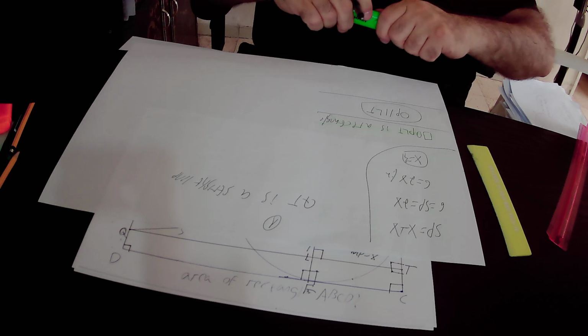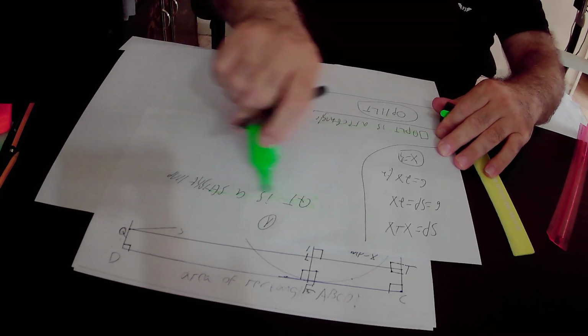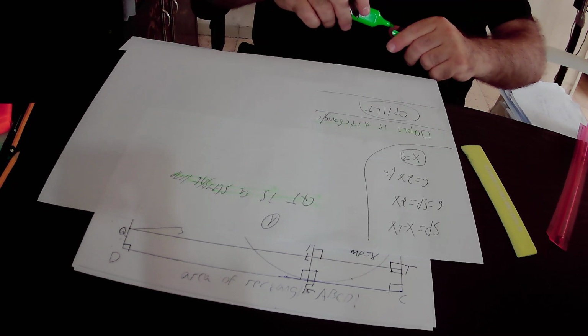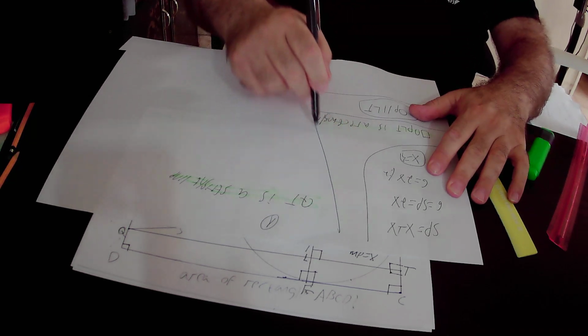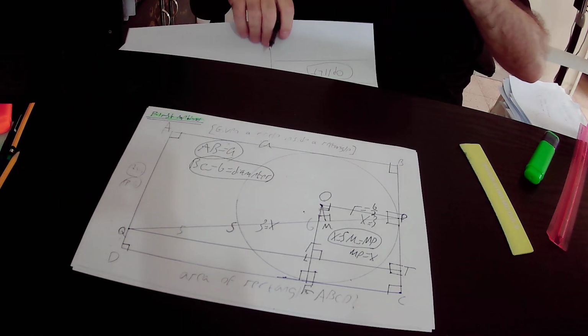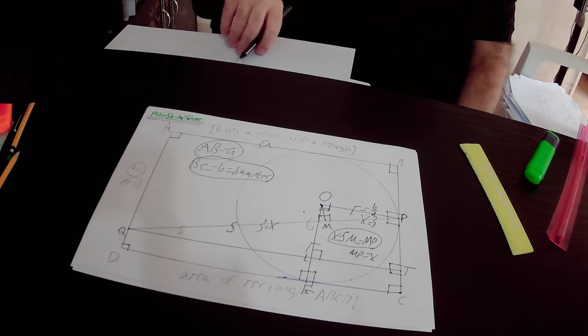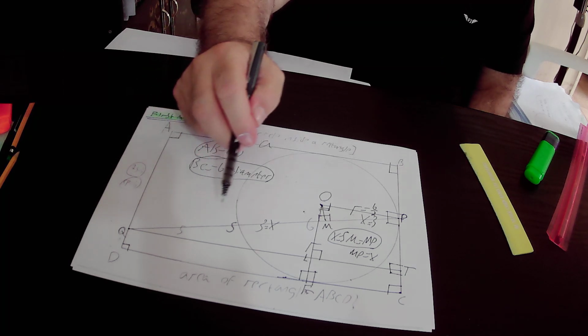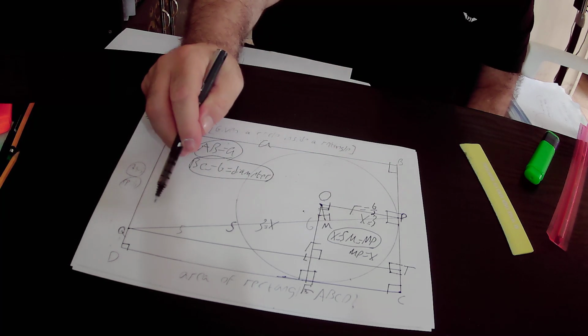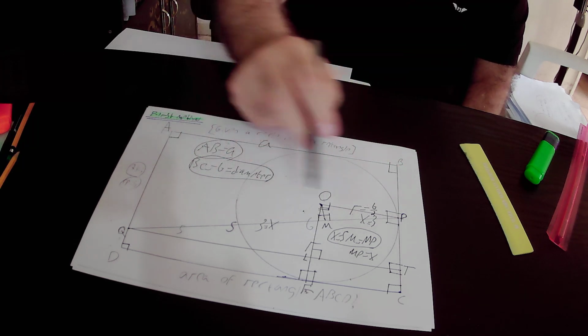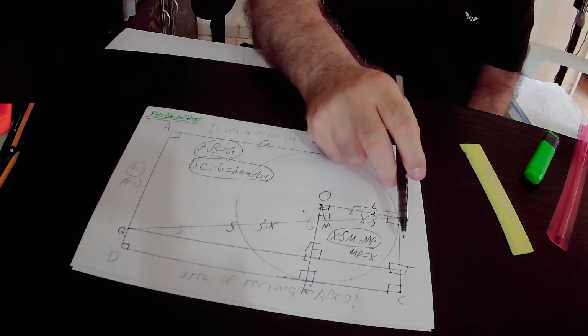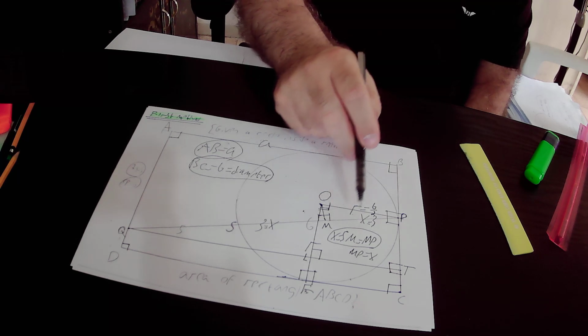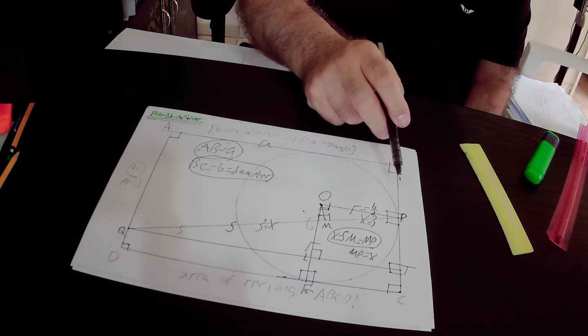QT is a straight line. So LT is part of the straight line QT, and LT is parallel to OP.